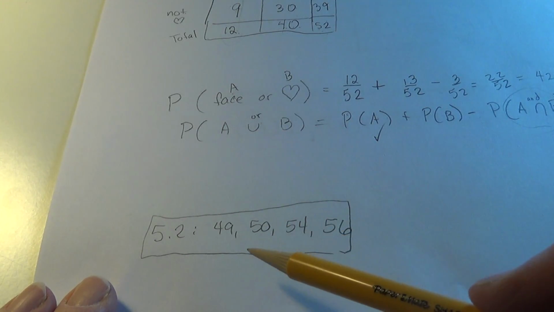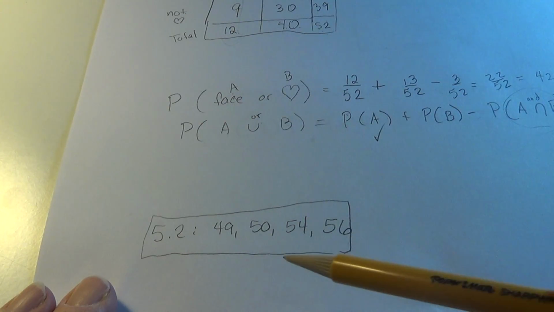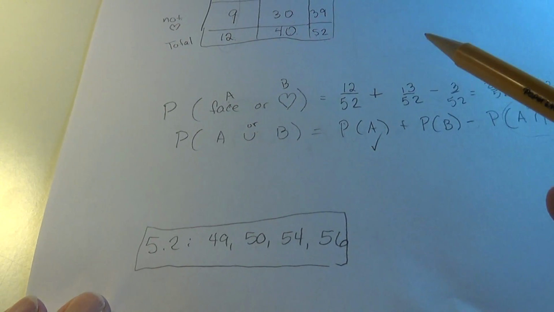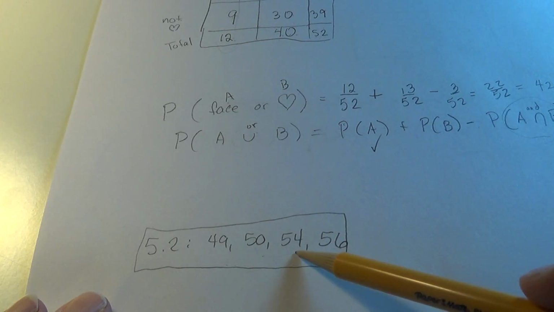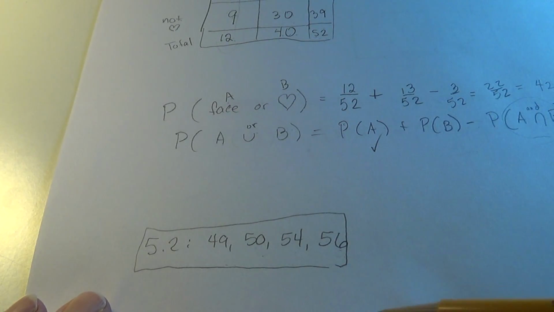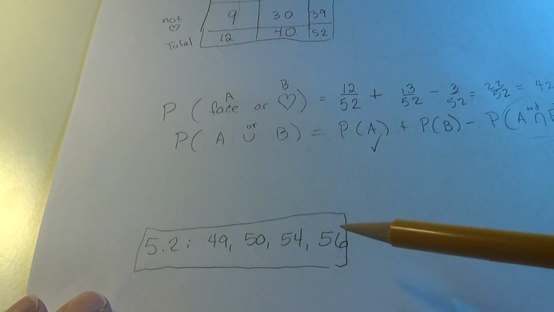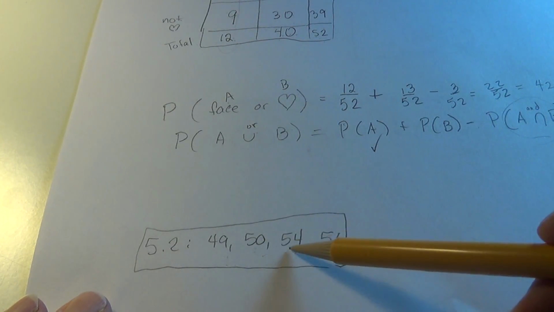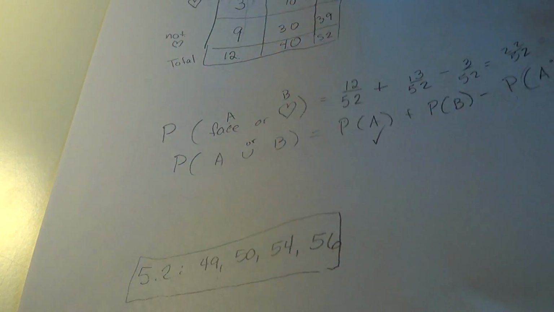So we're on 49, 50, 54, and 56. This two-way chart and this rule should put you in a position to do these successfully. Please try them, write them out, and if you have questions on them, at least write down what the problem says, and we will work them out together on Monday.